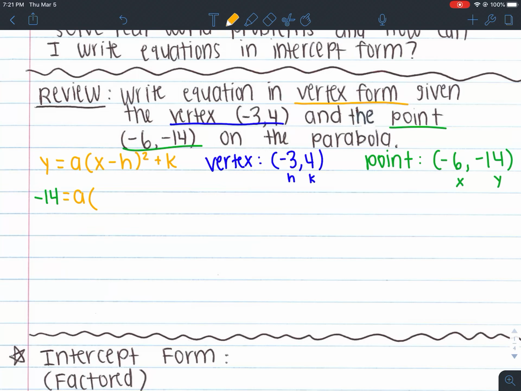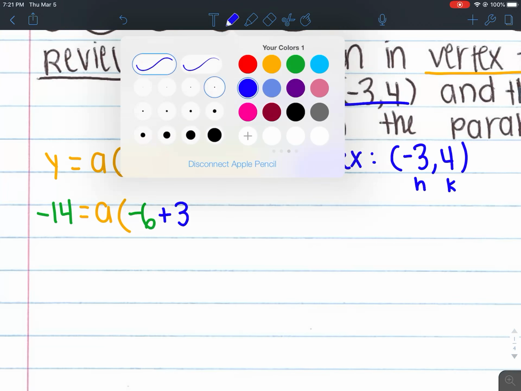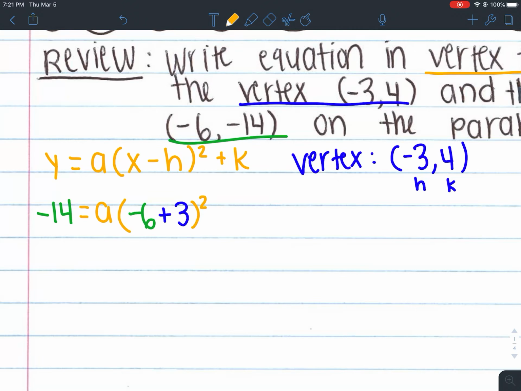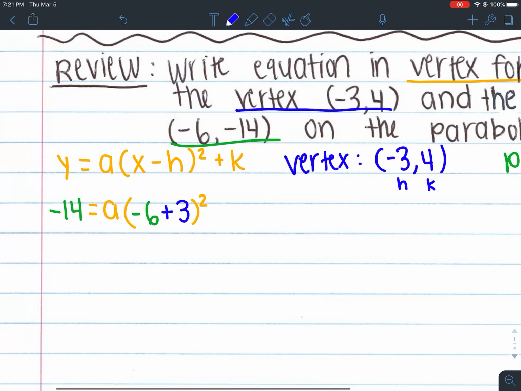Parentheses, what's the x that we have? -6. I labeled all of these, so I'm just plugging them in as I see. Now we have minus h. Our h here is -3, but when I plug it in, it's going to be +3, parentheses squared. I'm going to fix this negative sign. And then I have k. My k is just going to be +4, and that sign stays the same.